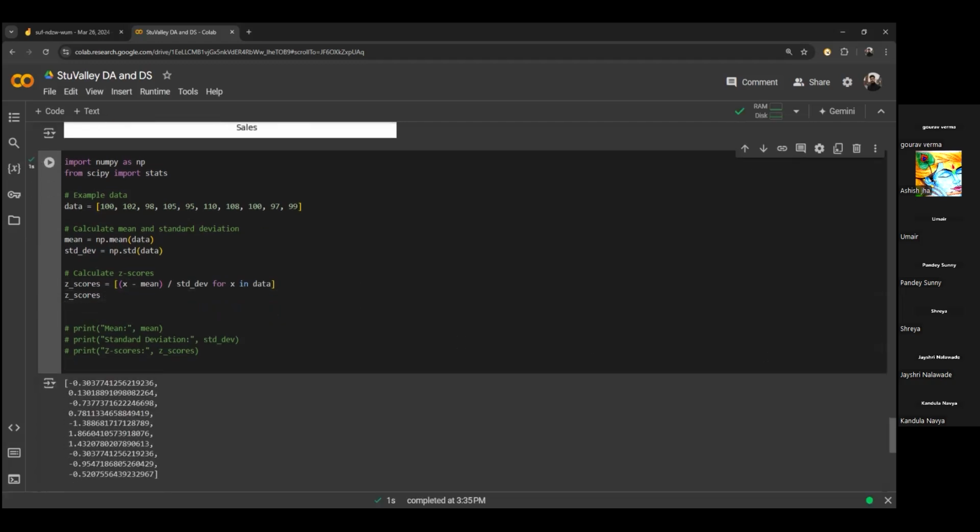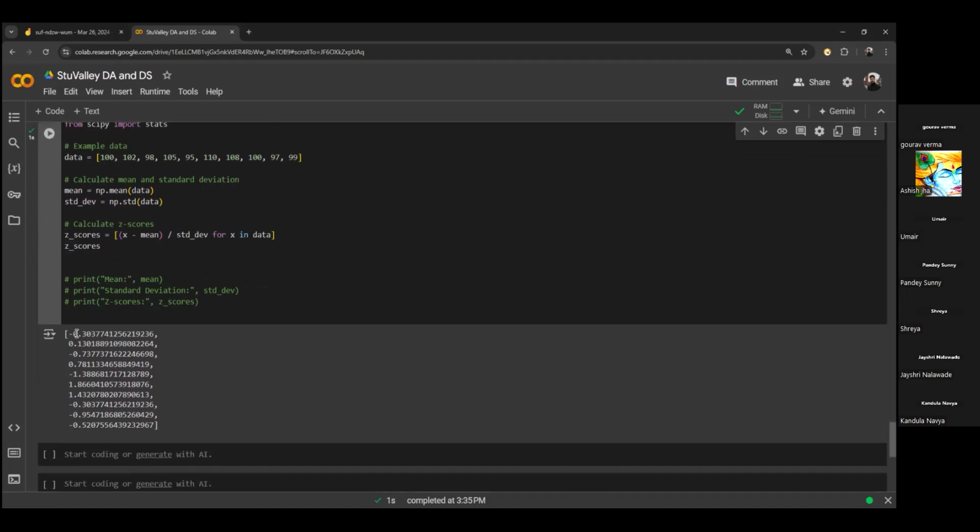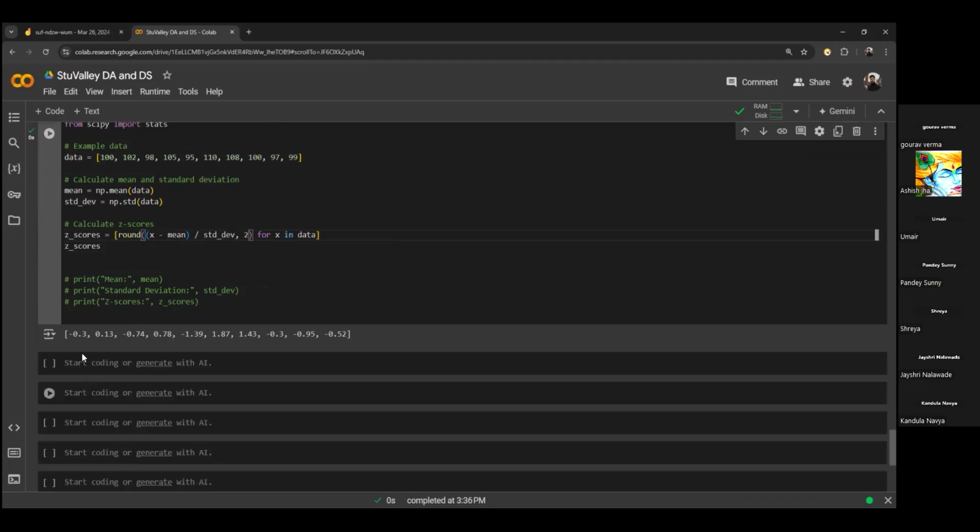See, it is calculating the z score of all the values. Let me do the round because I think it is too much. It is producing too much. What we say? Up to 2 decimal point, I am rounding it off. Yeah. Minus 0.3, 0.13.